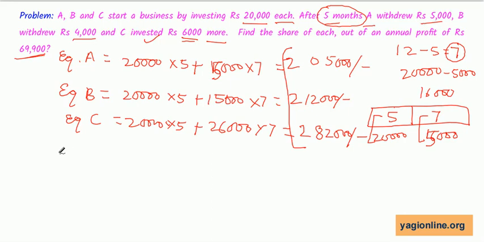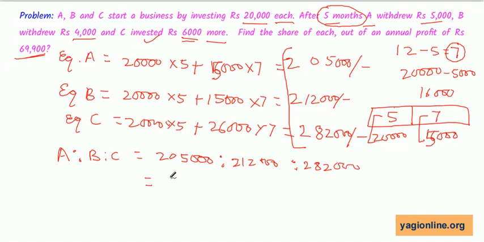So we can say that A's share to B's share to C's share is equal to 2 lakh 5,000 is to 2 lakh 12,000 is to 2 lakh 82,000, and this comes out to be 205 is to 212 is to 282.